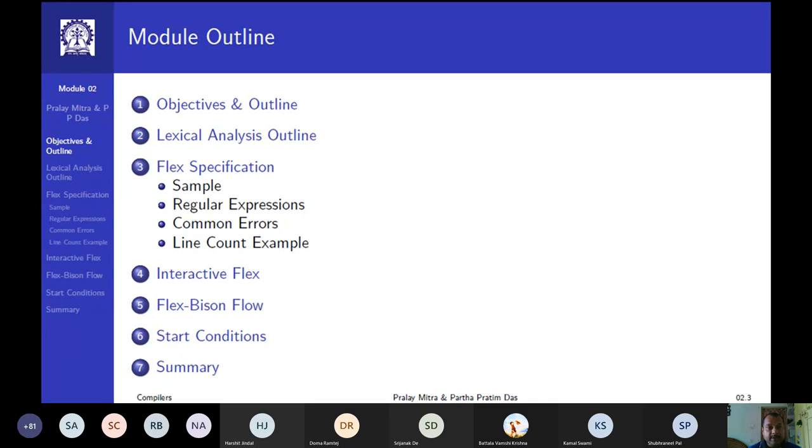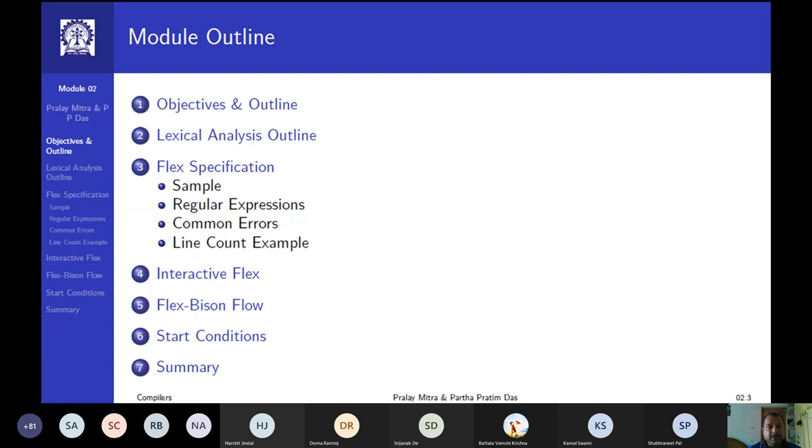So this is the brief outline: the objective will be provided first, then the lexical analysis outline, followed by the Flex specification. In this theory class, we will cover some specifications and work with some examples. My suggestion is that you please attend these classes, specifically on Flex and Bison, because mostly it will be discussed in the theory class, and only very few things will be discussed in the laboratory, and then the assignment will be placed.